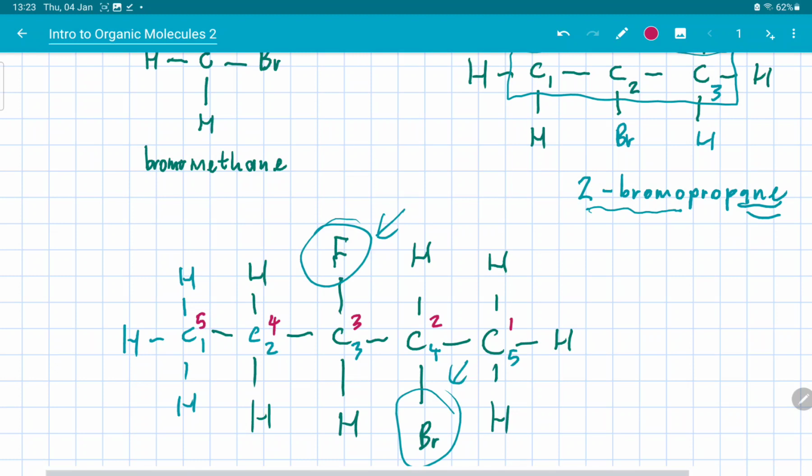The first substituent, from the left, is at carbon 3. However, if we start from the right, it's at carbon 2. So now we will prioritize the right-hand side because the first substituent is there.